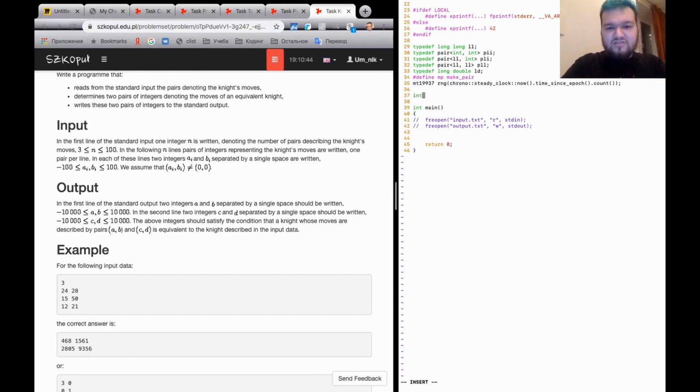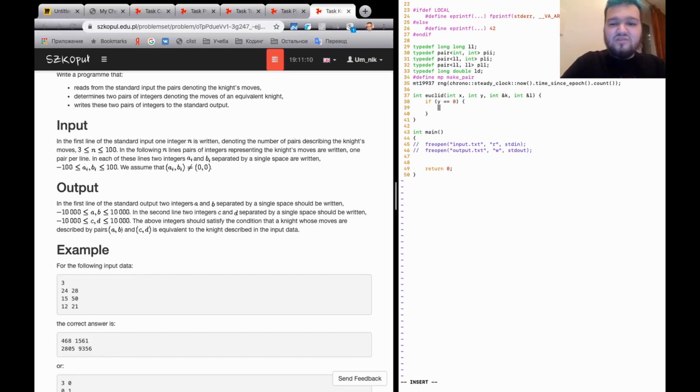We will just need the extended Euclid algorithm, which takes two numbers, returns the GCD, and also two coefficients k and l such that k times x plus l times y is the GCD. If y is 0, then the GCD is x, and we can just say that k is 1, l is 0, and the GCD is x.